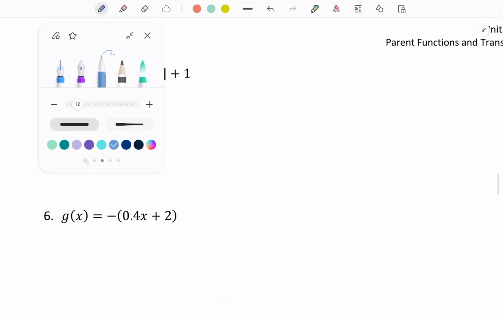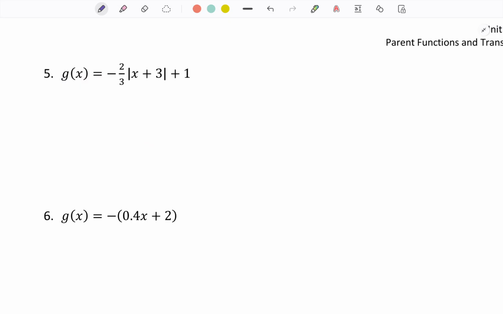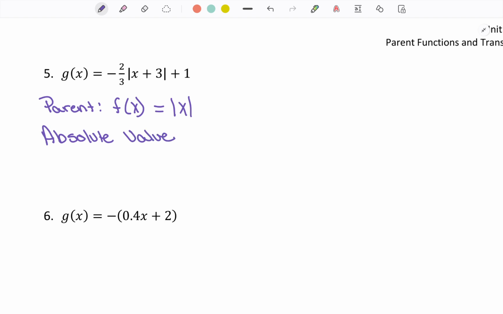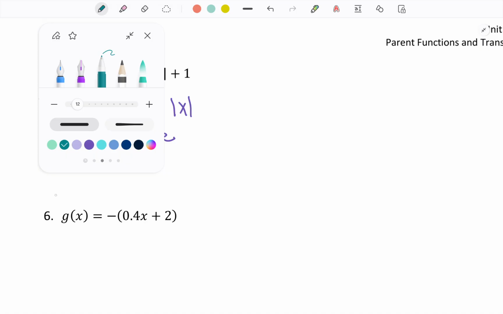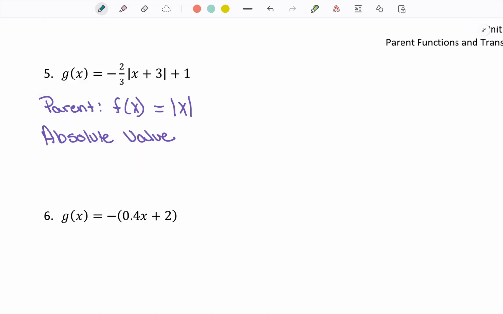Then for number 5, we have a few more transformations here, but the parent function is f of x equals absolute value of x. So this is an absolute value. And we have a total of 4 transformations here. So first of all, that negative is a reflection over the x-axis.